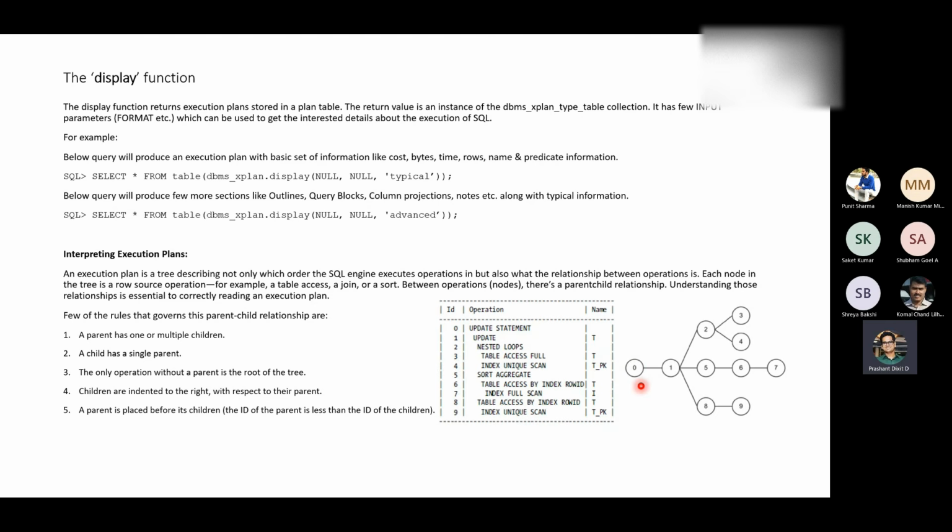If I draw an imaginary B-tree kind of structure for this execution plan, then this will always come at the top with value 0. Then, if you see the indentation, we have the next operation, update. Do you see anything that comes at the same level as update? No, right? Someone says sort aggregate.